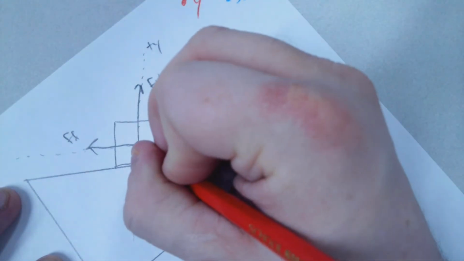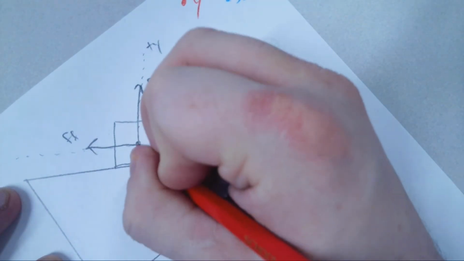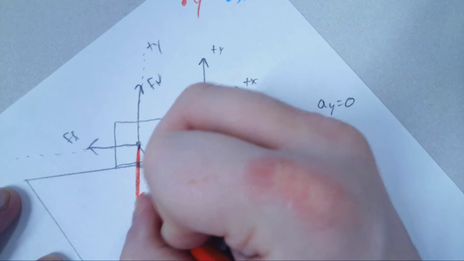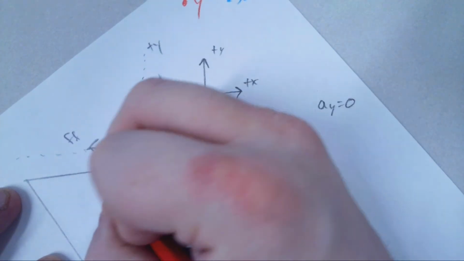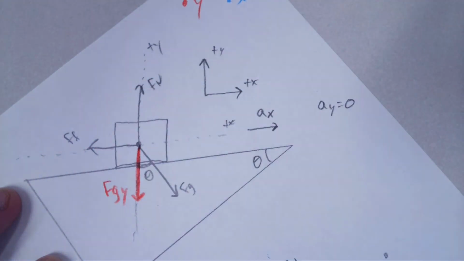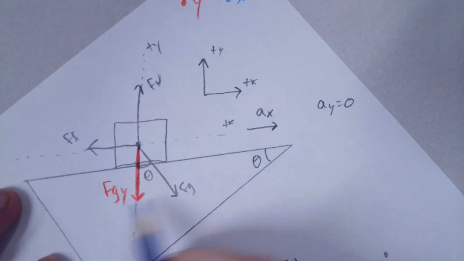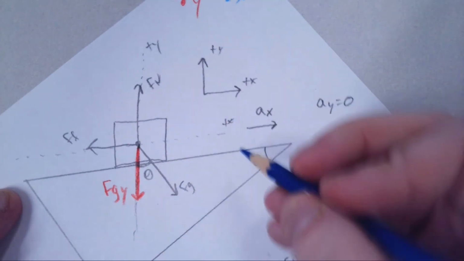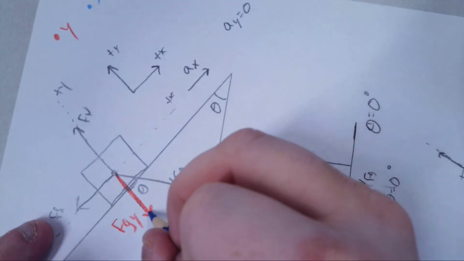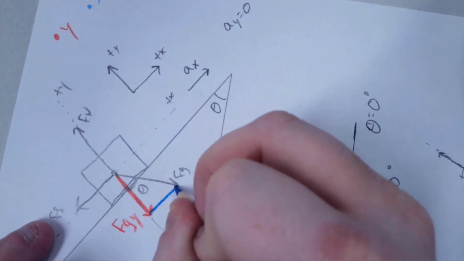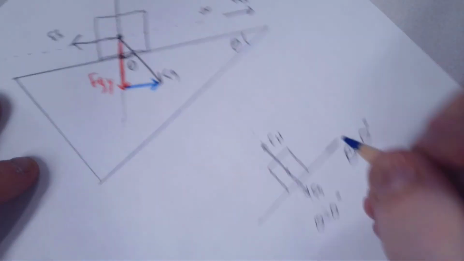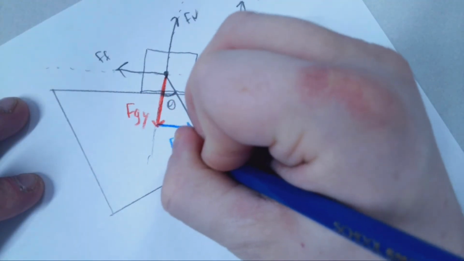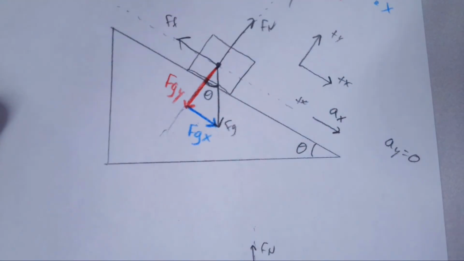The first one is along the y-axis. That is the y component of gravity, or Fg of y. And perpendicular to that, I need to draw an arrow to the right, and that's the x component of gravity, Fg of x.